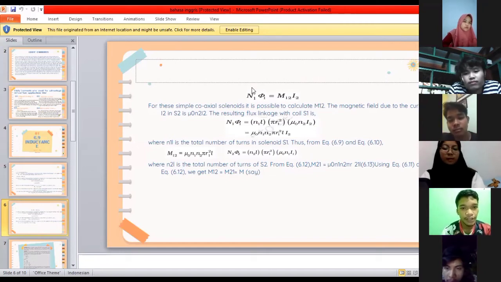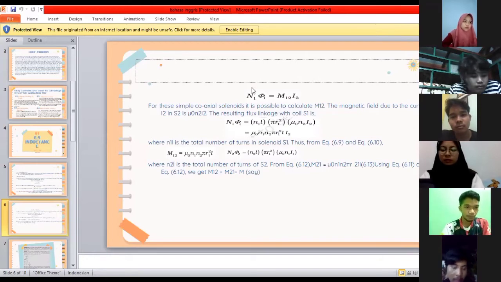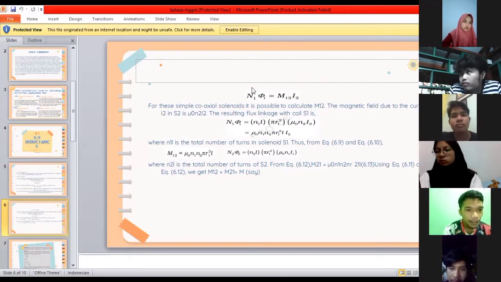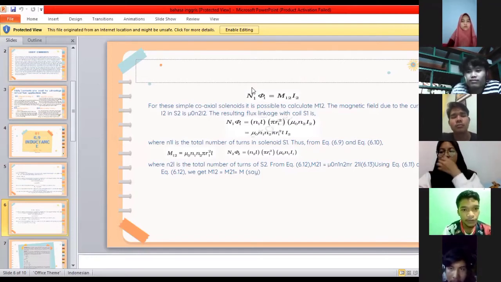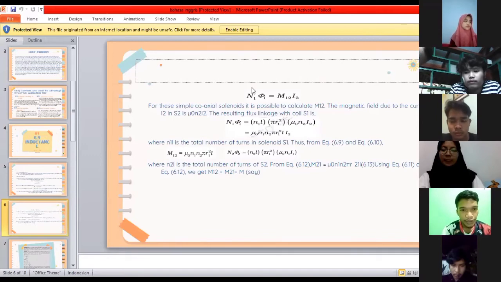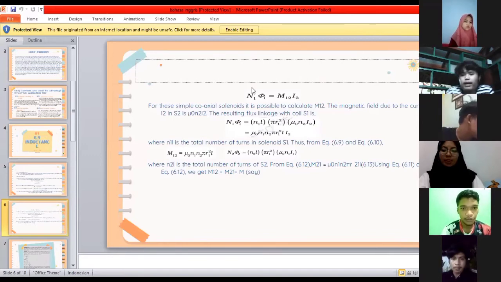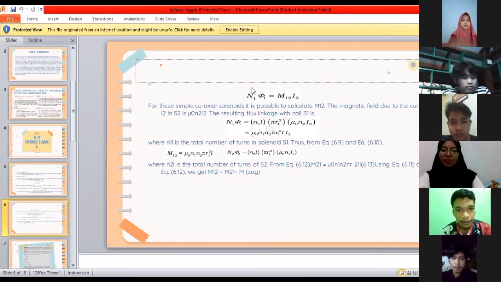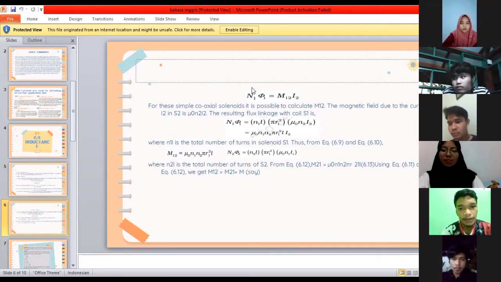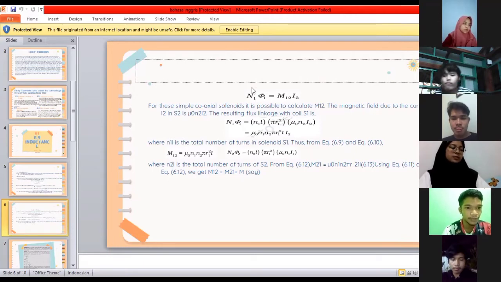Thus from equations 6.9 and 6.10, where N2 is the total number of turns of S2, from equation 6.12, M21, and 6.13, using equations 6.11 and 6.12, we get M12 equals M21, say M.